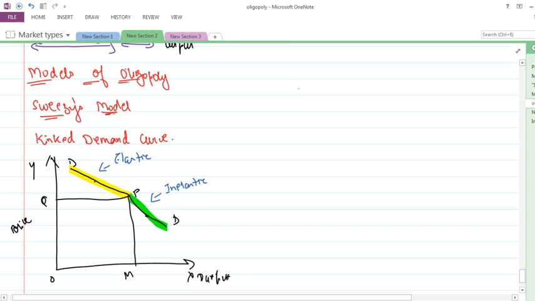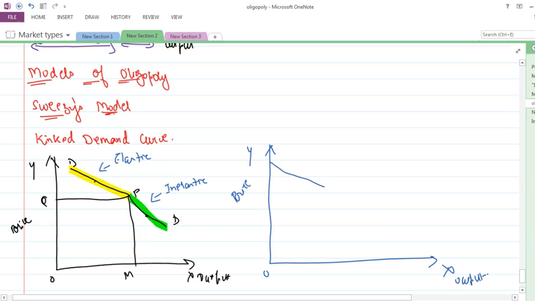So if we draw the marginal revenue curve like this, we have the y-axis, the x-axis, and this is the point of origin. Here we have the output, and here we have the price. This is the demand curve and this is the kink that we see.